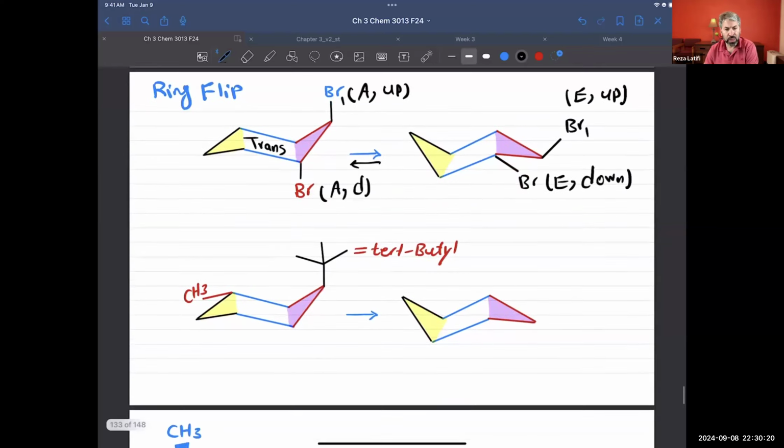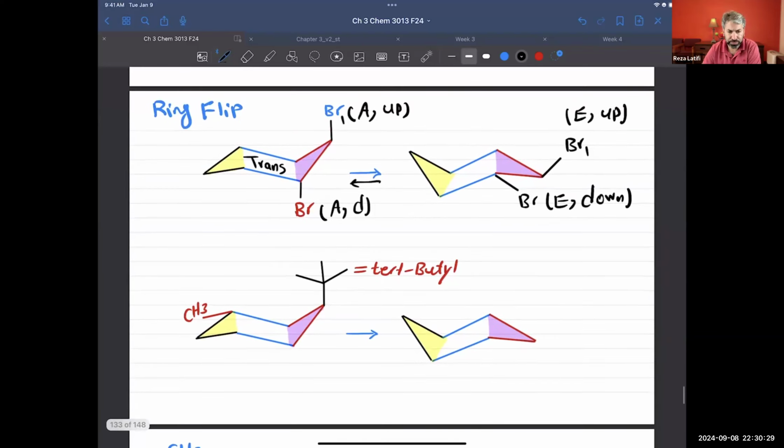The tert-butyl is up, in the axial position, and the CH3 is in equatorial position. If I want to do ring flip in this case, the tert-butyl from axial that is pointing up will go to equatorial that still is pointing up.